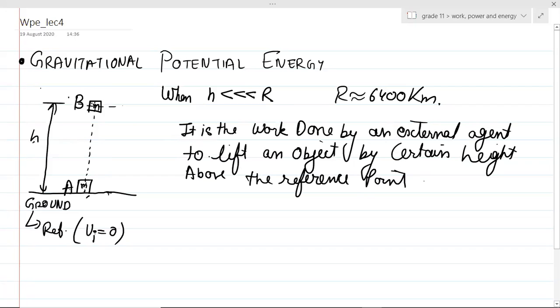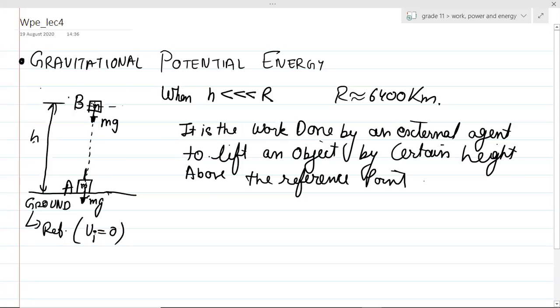So please remember, what all forces are acting over here in this case? The force acting over here is mg. Gravity is trying to pull it, right? But I don't want this block going in the direction of mg. I want this block to go against the direction of gravity.